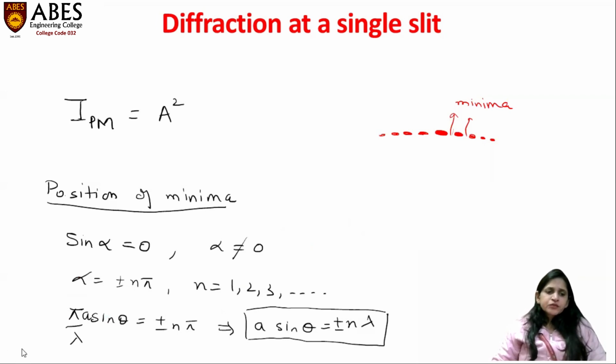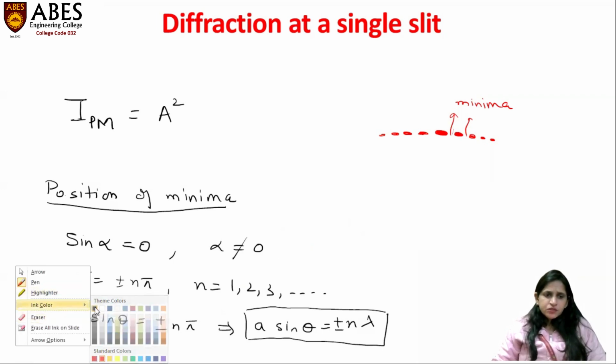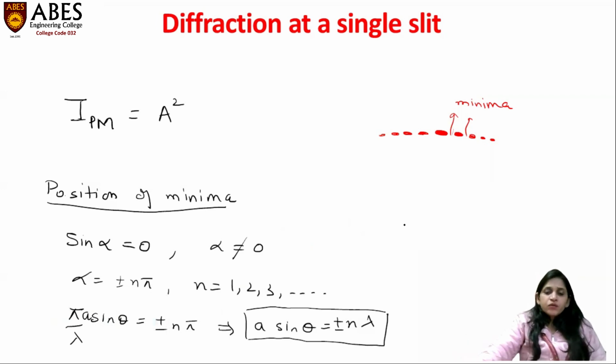Let us continue with the further discussion. Now we are going to talk about secondary maxima. We have calculated the central maxima and the minimas. Now we are going to talk about the secondary maximas, the other maximas that are present.